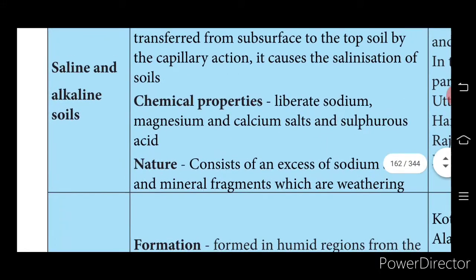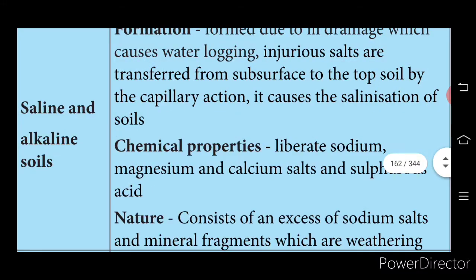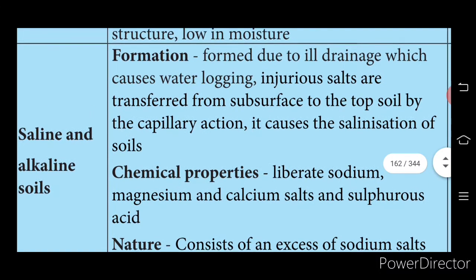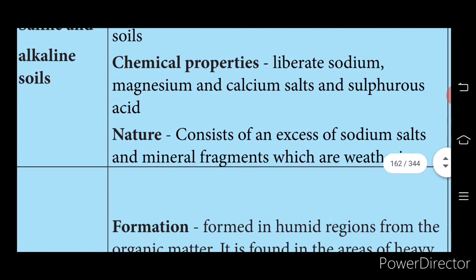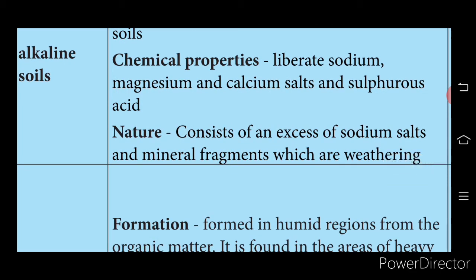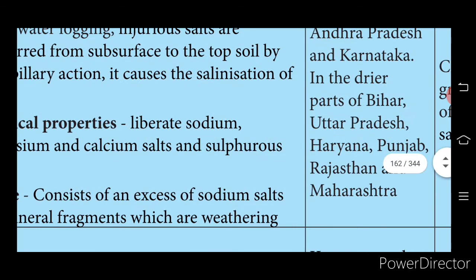Now coming to the saline and alkaline soils. Saline soil is formed due to ill drainage, which causes waterlogging. Injurious salts are transferred from the subsurface to the topsoil by capillary action. Chemical properties here are liberated sodium, magnesium, and calcium salts and sulfuric acid. Nature consists of an excess of sodium salts and mineral fragments which are weathering.